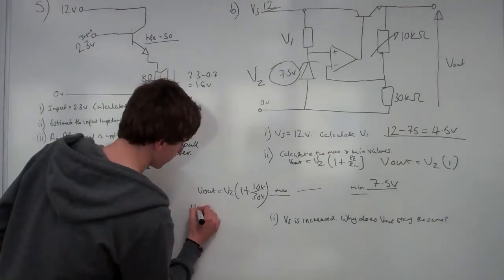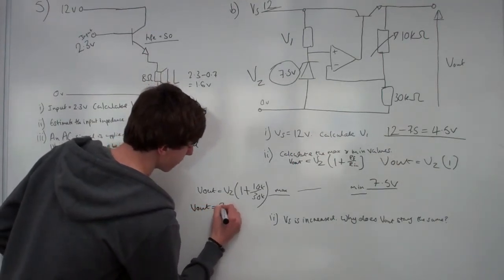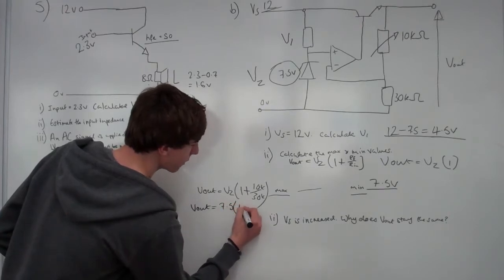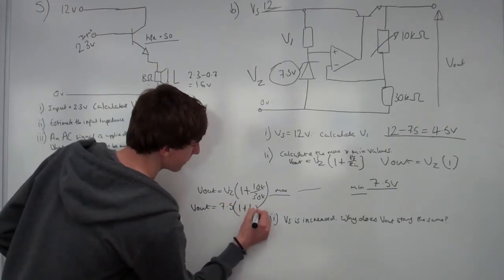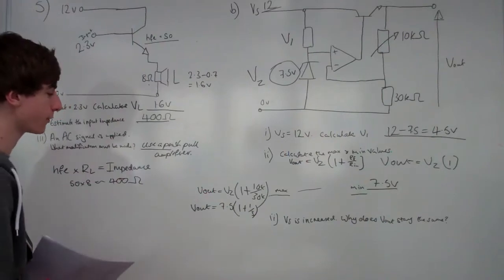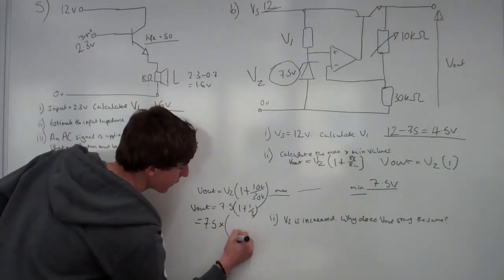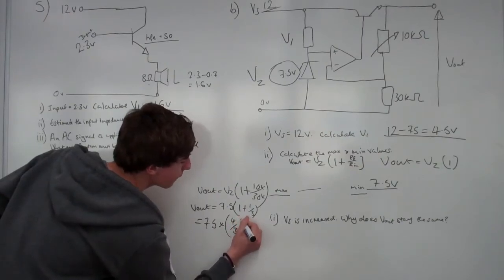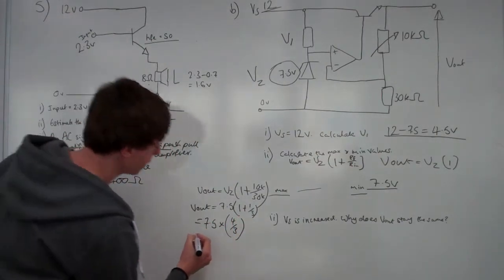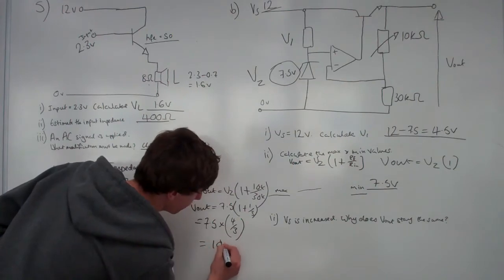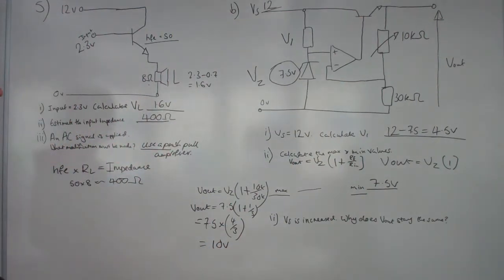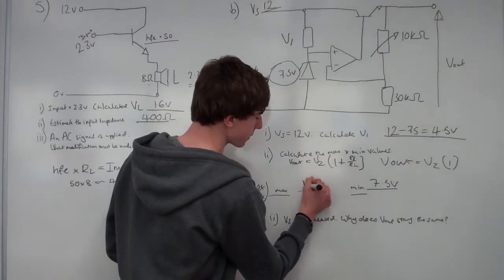So we now have Vout equals 7.5 times by 1 plus 1 over 3. So I do this with fractions. You can do it however you want. It's a calculator paper, so just do it with your calculator. So that's 7.5 times by 4 over 3, which I know from previously to be 10 volts. So that now goes into the maximum value.